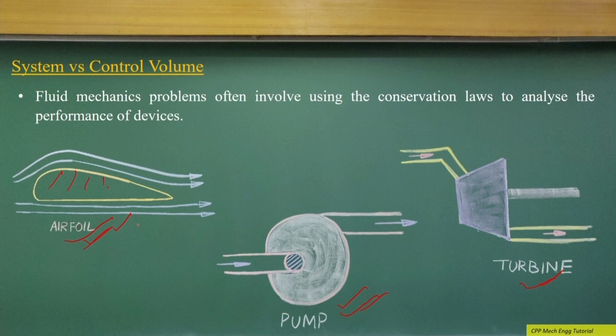That is the way we test the performance of the airfoil or the pumping system, or if you look at the pump vane or the turbine blade, those also work on a concept similar to what we have seen in airfoil conditions.